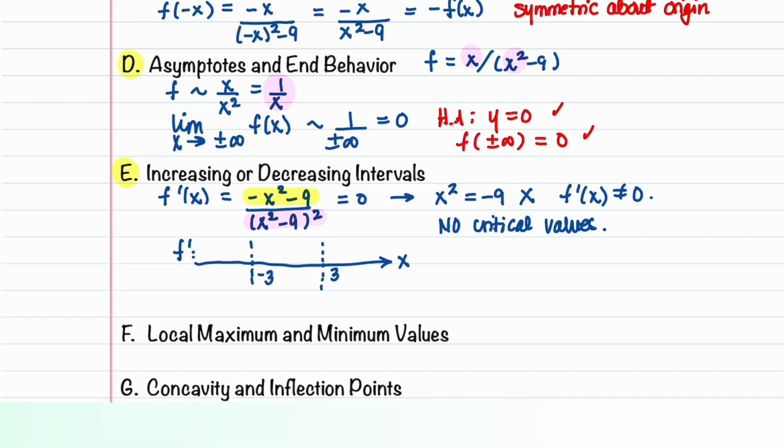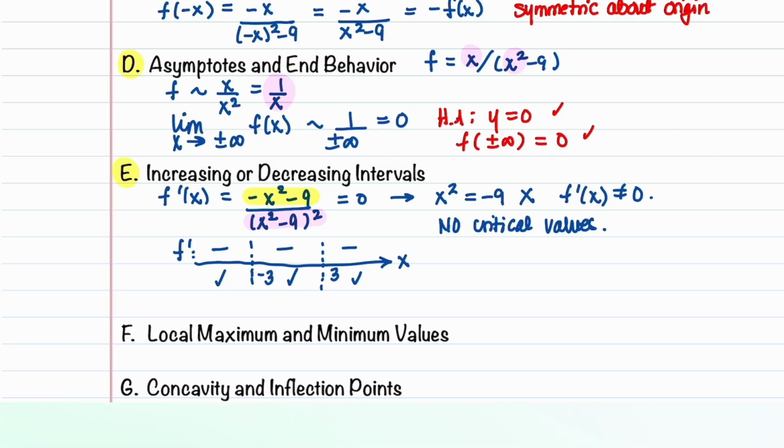Minus x squared minus 9. If we pick a point to the left of minus 3 in this region, f prime is going to be negative. If we pick a point between minus 3 and 3, f prime is also going to be negative. Just plug in maybe x is equal to 0. And then if we pick a point to the right, it is also going to be negative.